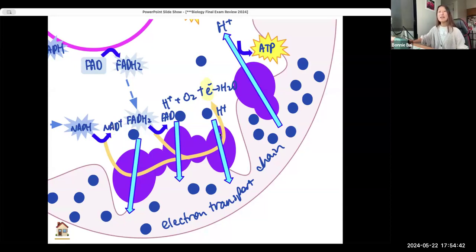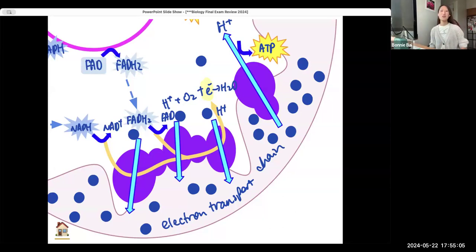So at the end of the electron transport chain, the electrons come out of the electron transport chain and combine with oxygen and form water. And once again, forming water is not the purpose here. Oxygen combining with the electrons is the purpose. And you ask, why would oxygen care so much about the electrons? Well, it doesn't.